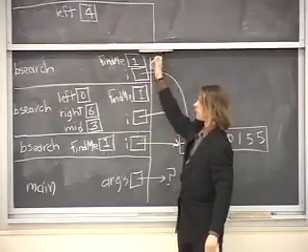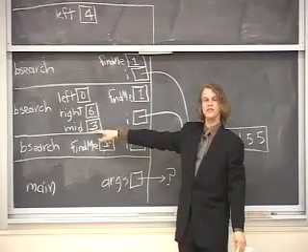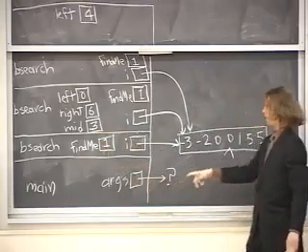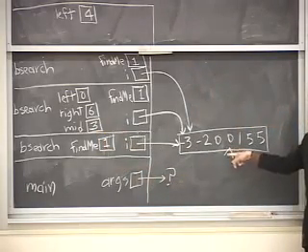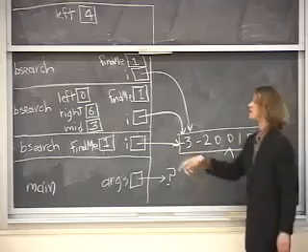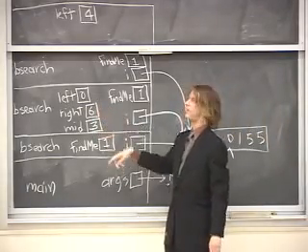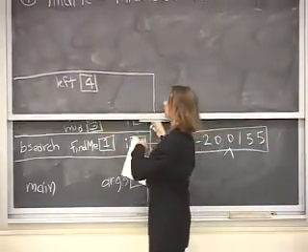Why is left equal to 4? Because on the previous call, we decided mid was 3, and we discovered that the thing we're searching for is to the right of there, so it has to be somewhere after 3. So it's somewhere between 4 and 6.